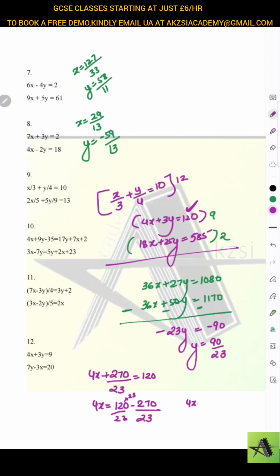So 4x is equals to 2760 minus 270 over 23. This will become 2490. So 4x is equals to 2490 over 23, and now divide both the sides by 4. That will give me x is equals to 2490 over 4 times 23, and further simplification will give me 1245 over 23 into 2, that's 46.